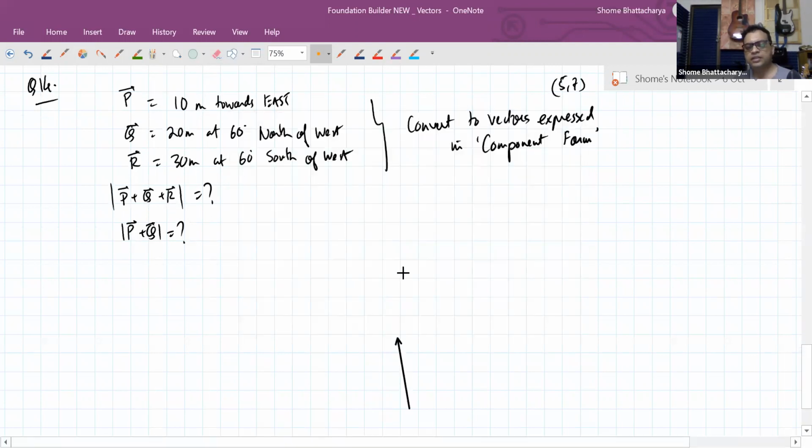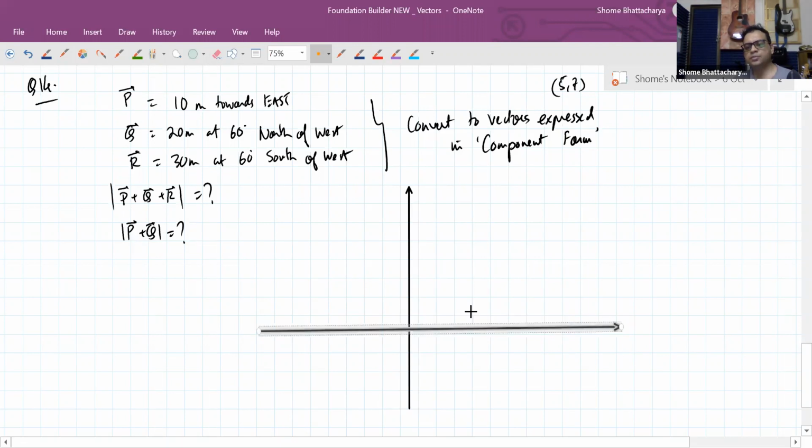So let's say we have taken our XY system such that the X axis is pointing from west to east, so this is our east direction. The Y axis is pointing from south to north, so this is our northern direction.